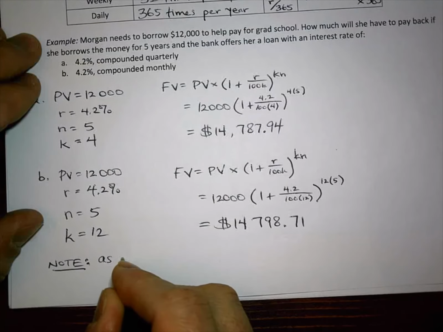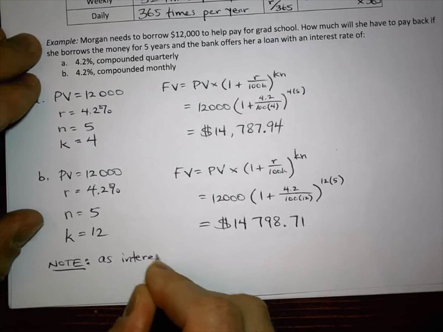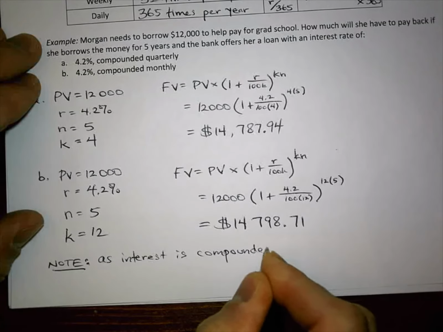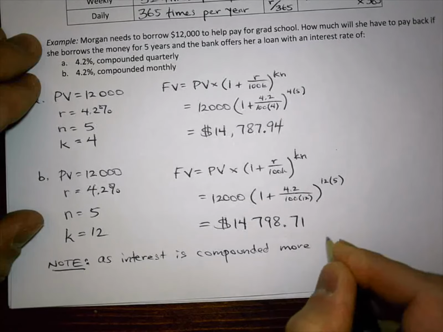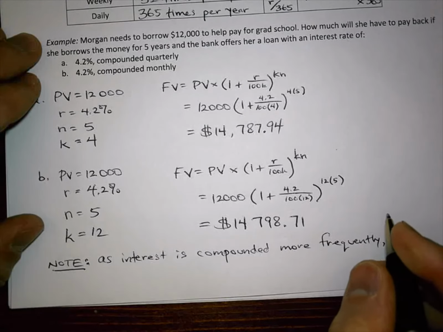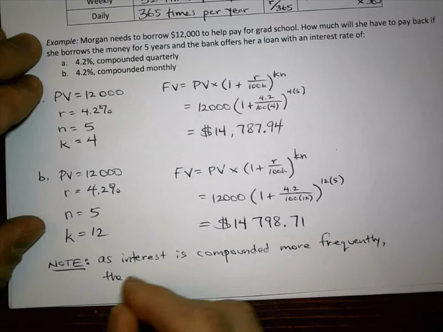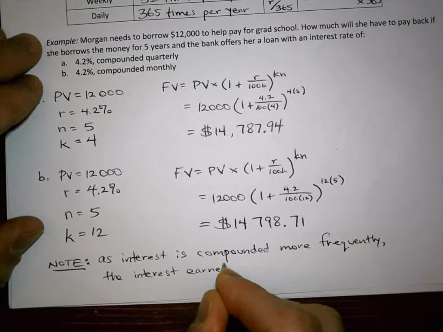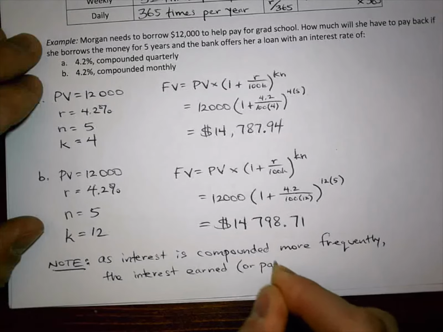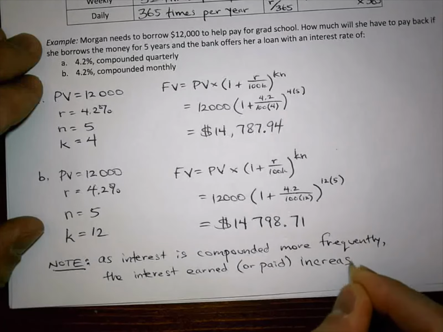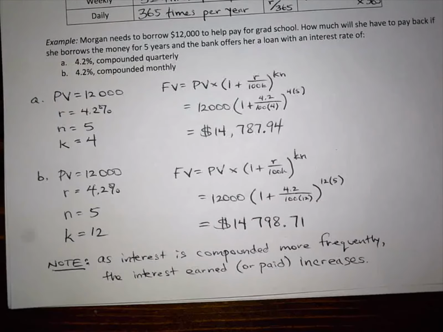As interest is compounded more frequently, the interest earned or paid, depending on if you're borrowing or lending, increases. So that's something to be aware of.